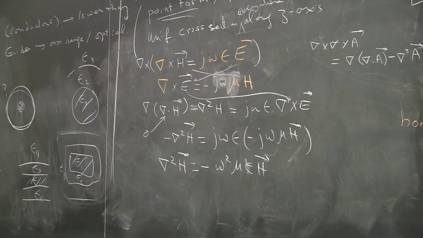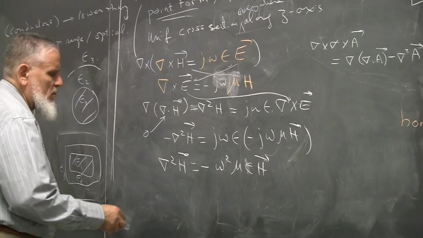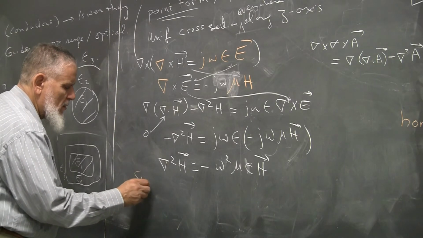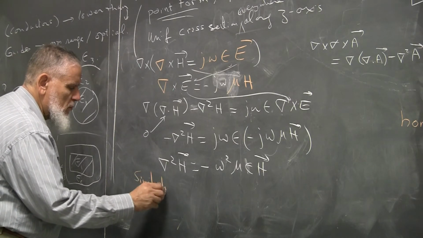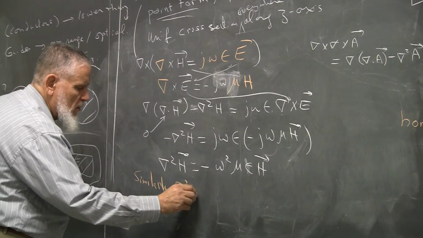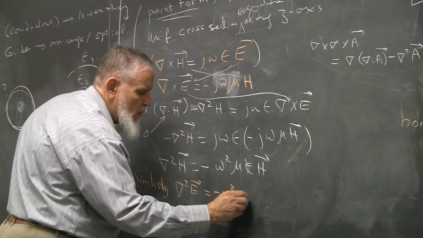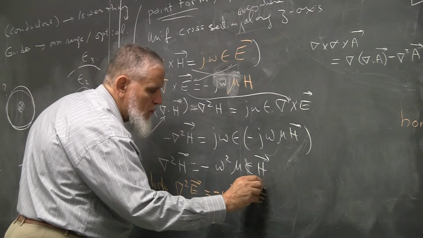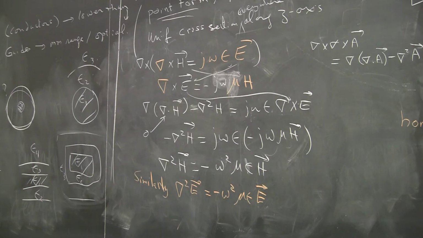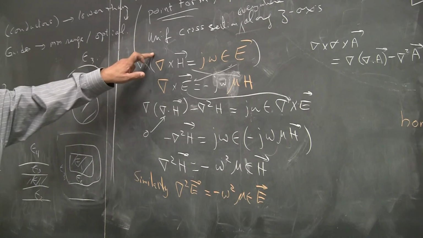And if I do the opposite, so I can write similarly, del squared E is equal to minus omega squared mu epsilon E. If I did the opposite, like did the curl here and substituted there.